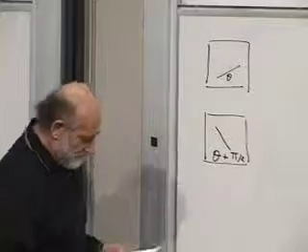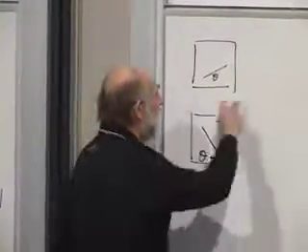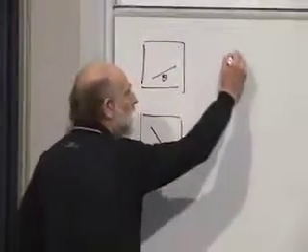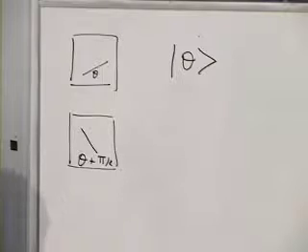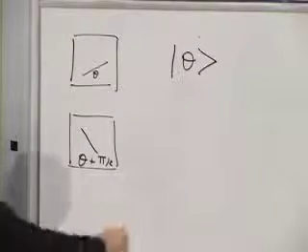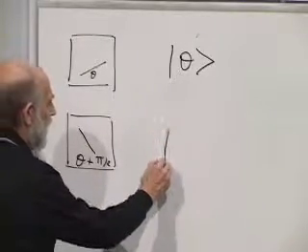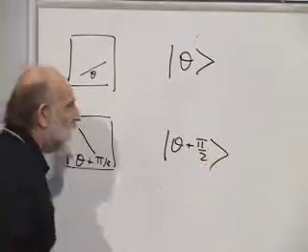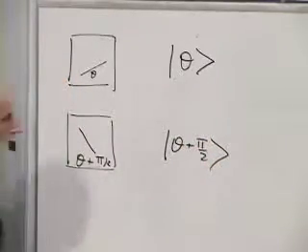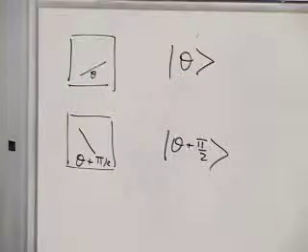That's a mouthful. The two eigenvectors that go with it: if you pass a photon through the theta polarizer, you get out the state theta. I'm going to tell you how it's related to the other states in a more or less obvious way. And this one will be called theta plus pi over 2. These two should be orthogonal to each other, but they're not likely to be orthogonal to the previous states.